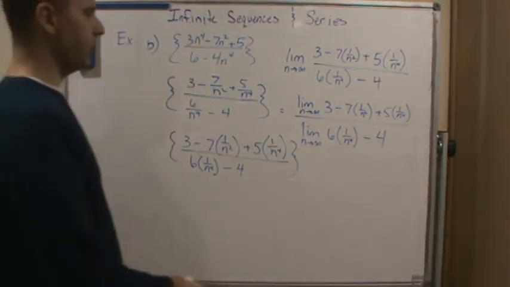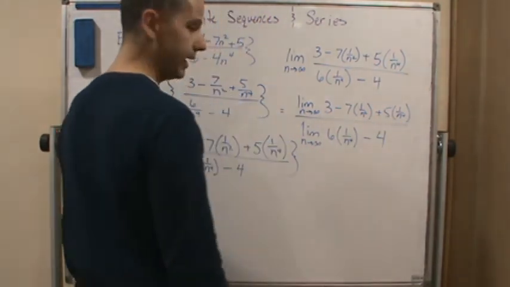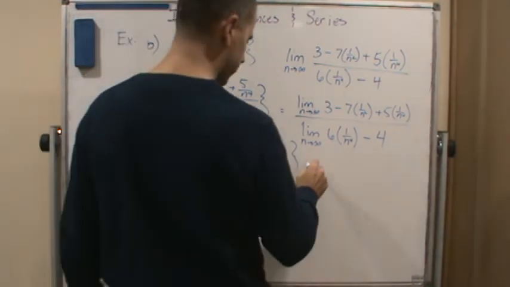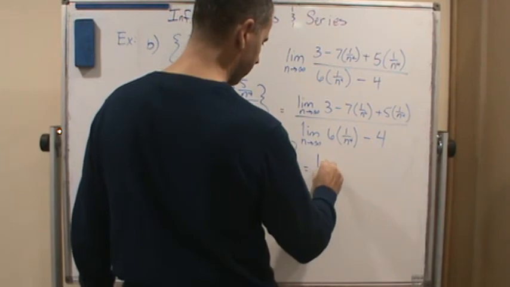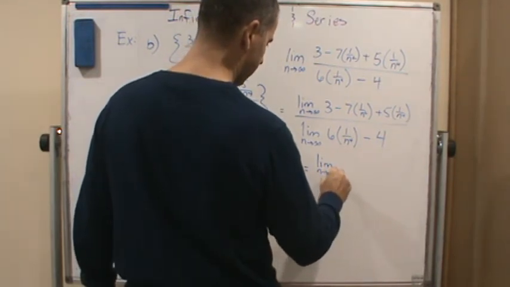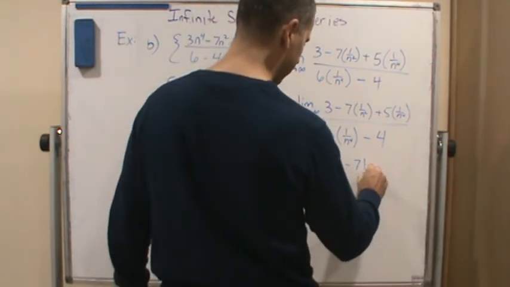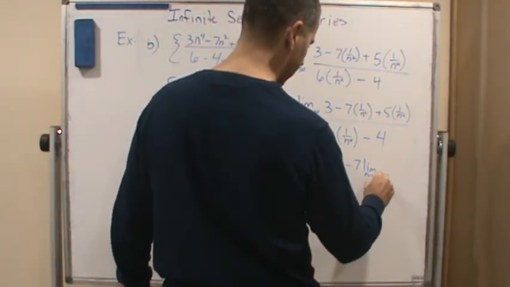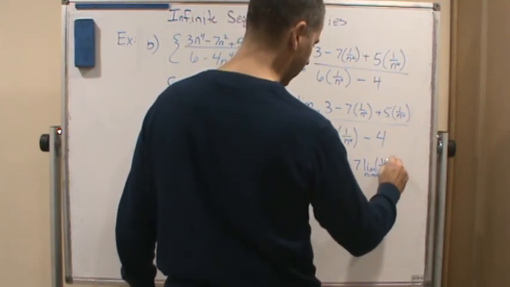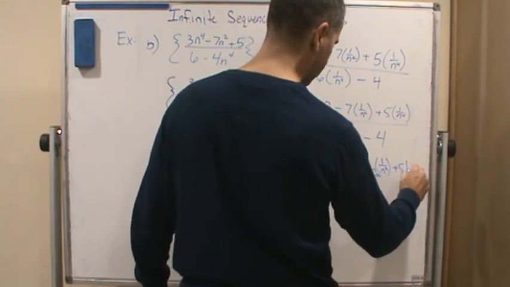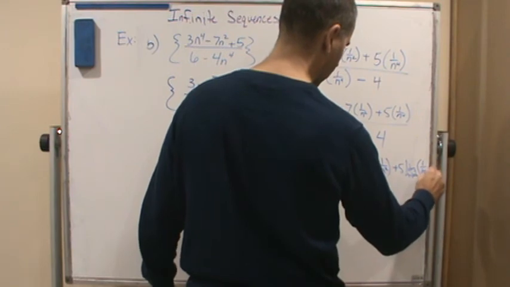And now I can use the limit laws across the adding and subtracting. So this is going to equal the limit as n approaches infinity of 3 minus 7 times the limit as n approaches infinity of 1 over n squared plus 5 times the limit as n approaches infinity of 1 over n to the 4th.